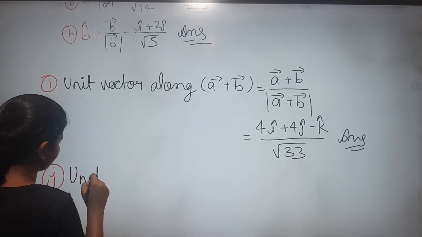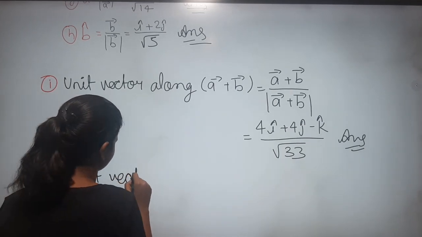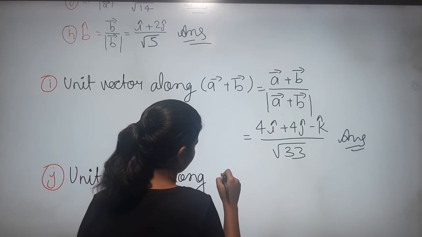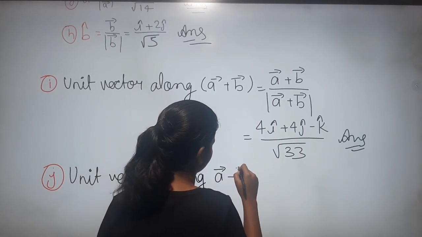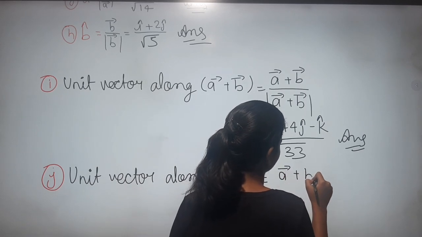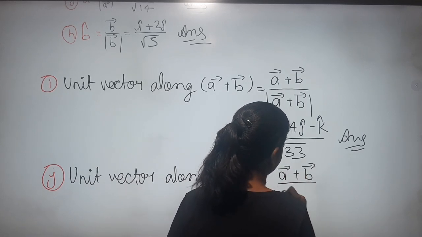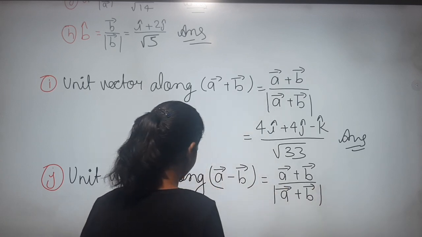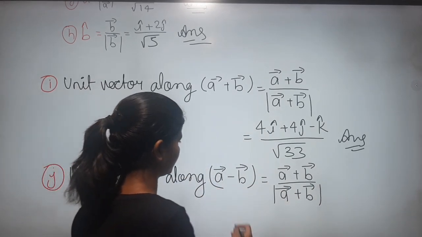The unit vector along a vector minus b vector is a vector plus b vector by the magnitude of a vector plus b vector. Okay, not a plus b, here a minus b.